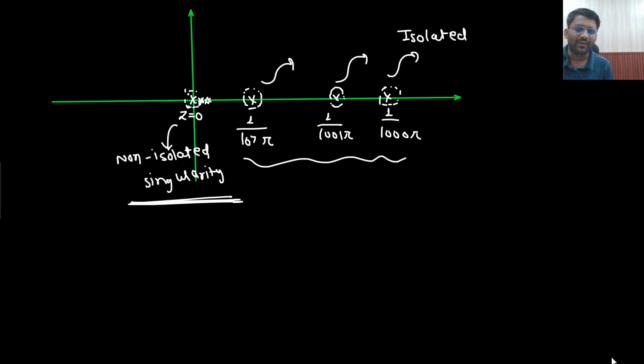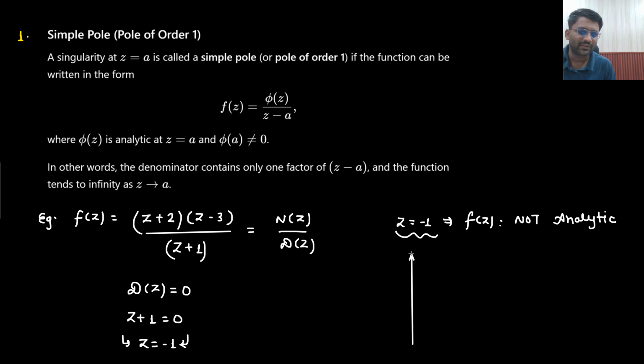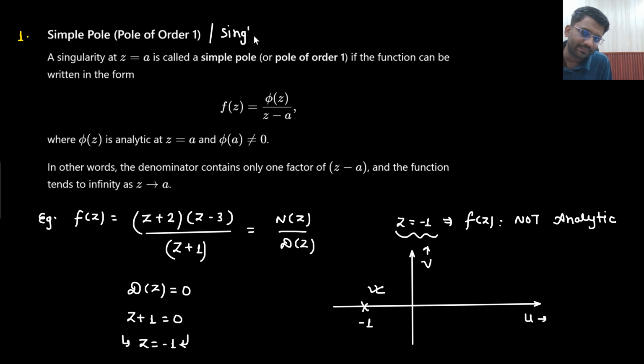Here z equals minus 1 is coming only once, not repeated twice. If it is coming only once, then it is a simple pole, or the other name you can use, a single pole.